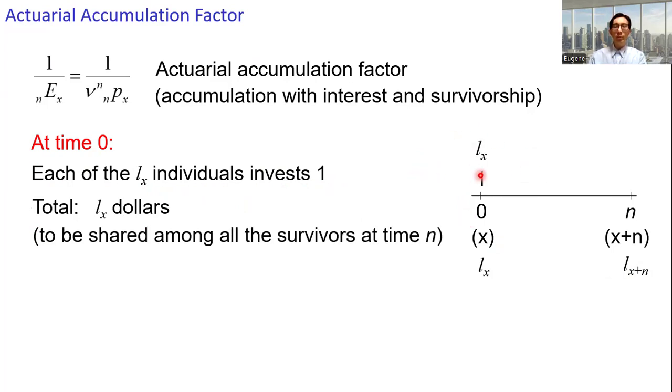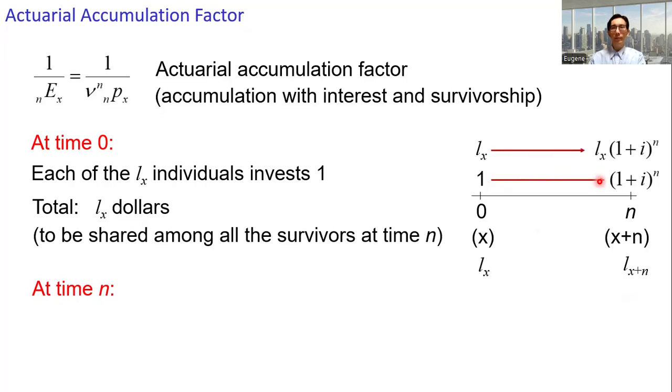This amount is to be invested until time n, to be shared among all the survivors at time n. The expected number of individuals is l(x+n). At time n, $1 is accumulated to 1 plus i raised to the power n dollars, and the total amount accumulated is lx times 1 plus i raised to the power n.